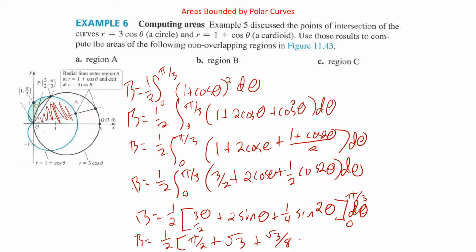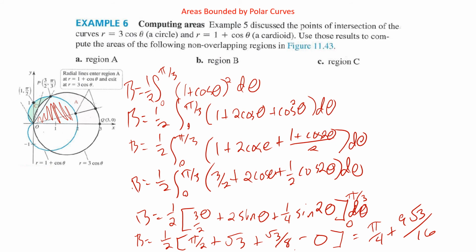And then minus, when we plug in zeros, we get just a whole bunch of zeros. So we have pi over 2 plus root 3 plus root 3 over 8. That would be 9 root 3 over 8 plus pi over 2. Multiply through the 1/2, we'll get pi over 4 plus 9 root 3 over 16 is going to be the area of that part of the cardioid.